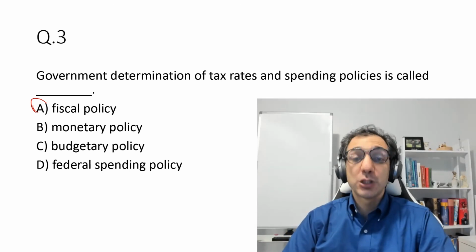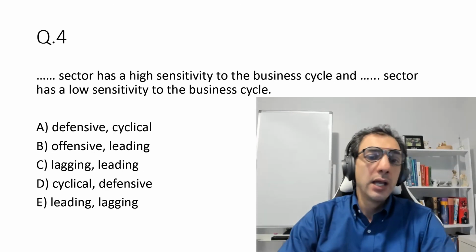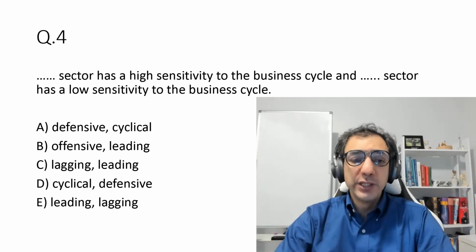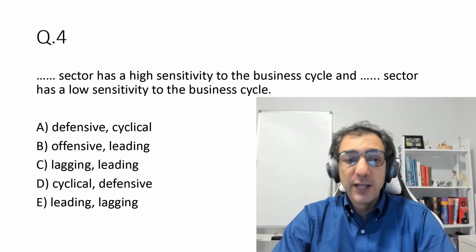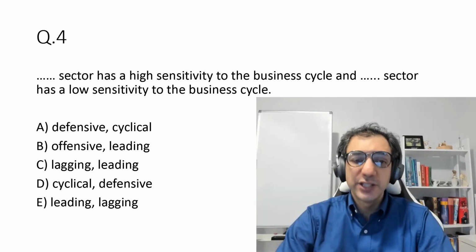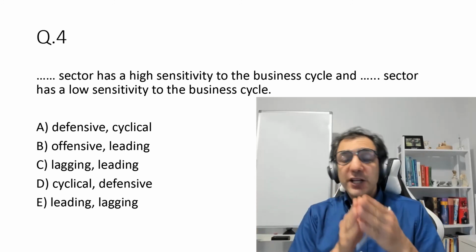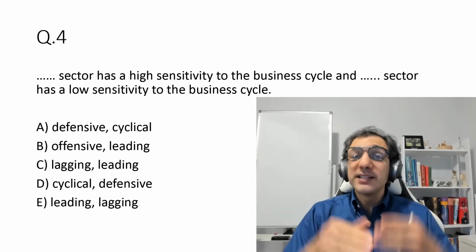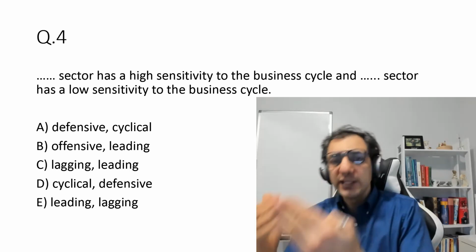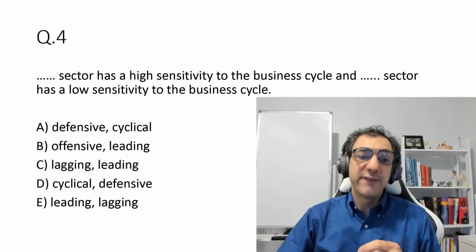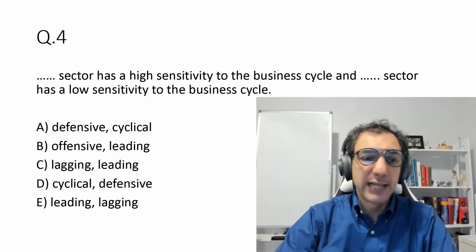Let's look at the last question. So we talk about different sectors with industry. We talk about defensive sectors. We talk about cyclical sectors. I mentioned defensive sectors are less sensitive to what's happening in the economy, the macroeconomic level, and the cyclical is more sensitive to the changes in the economic factors. So let's see which one is the correct answer.